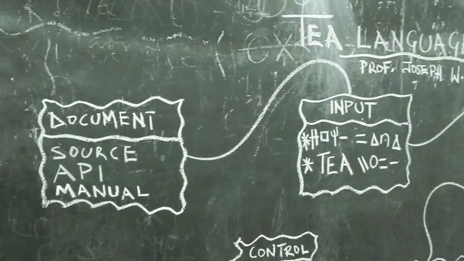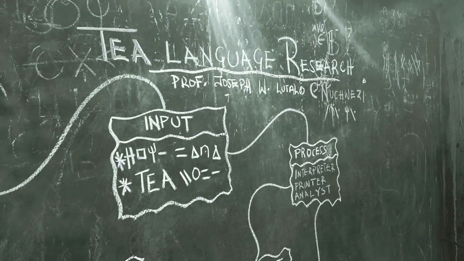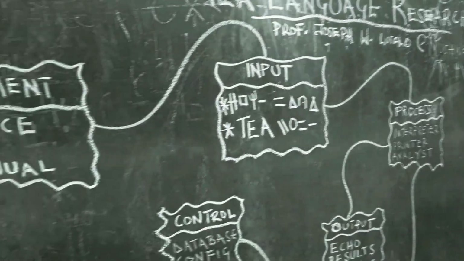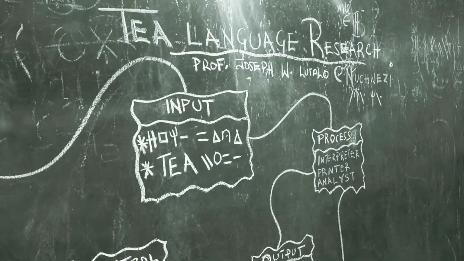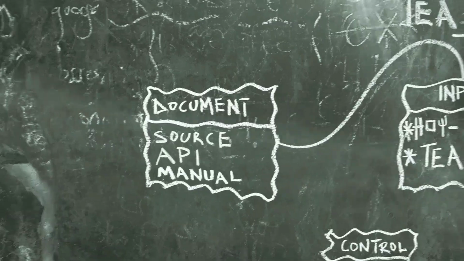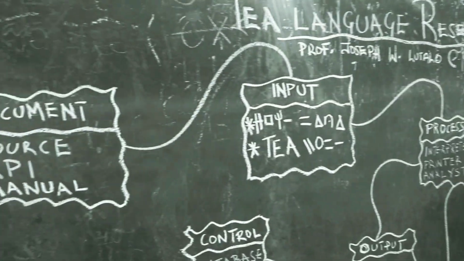TEA has already reached a level where it can be installed on any major operating system: Linux, Unix, Windows. We have a reference implementation for Android and a reference implementation for the command line for the majority of operating systems.